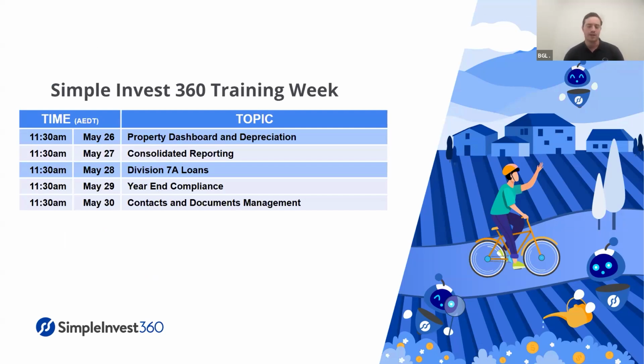What the training week is designed to do is show you the tips and tricks of Simple Invest, and hopefully you can implement one or two of these tips into your daily practice. We'll be showing you the best practice, and if you would like to pick it up, feel free.